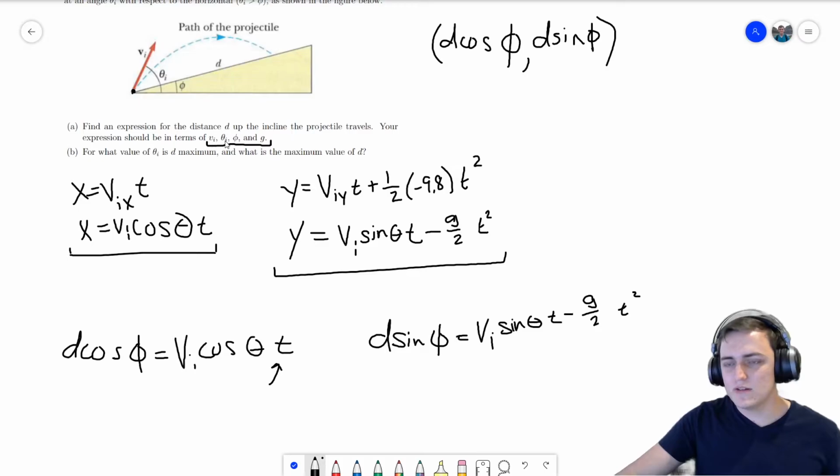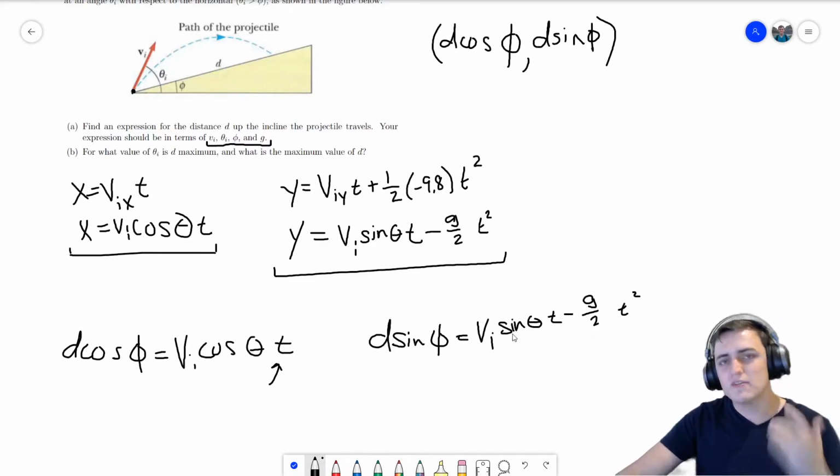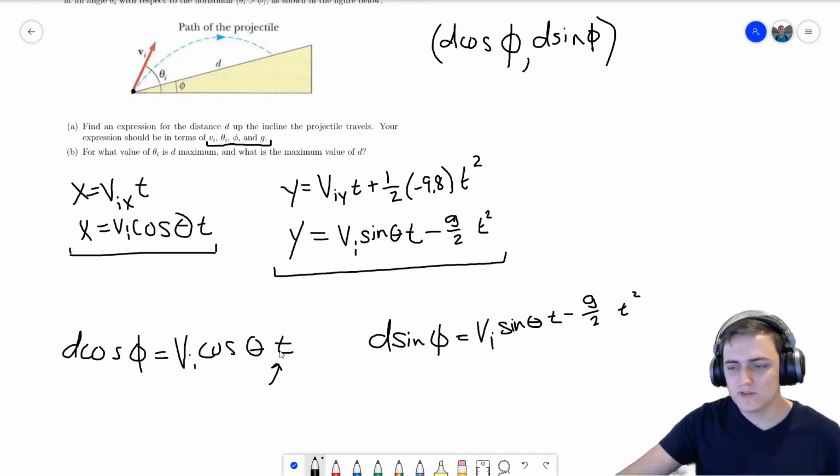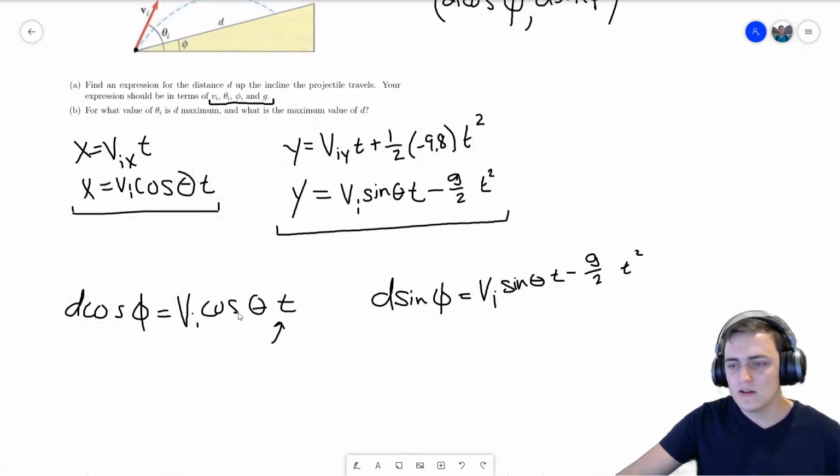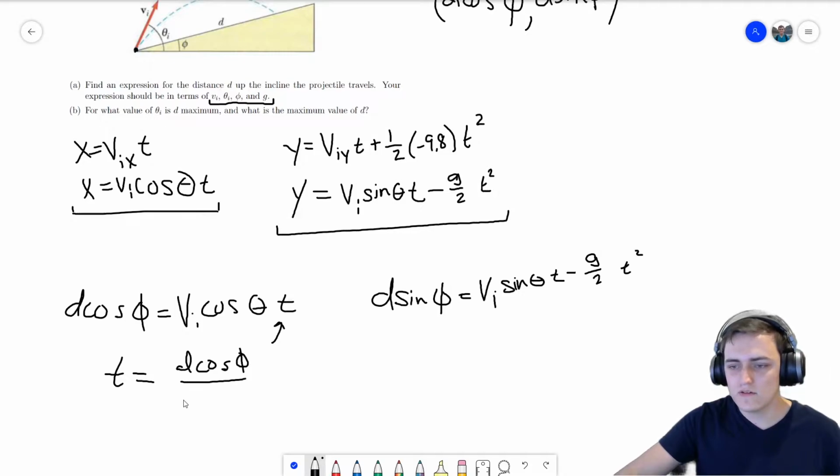We don't have a time here. This is a big thing. We don't have time, and we want to get rid of that. So we have to find time. We can get t equals, right? We're going to divide both sides by v initial cosine theta. So t equals d cosine phi over v initial cosine theta.